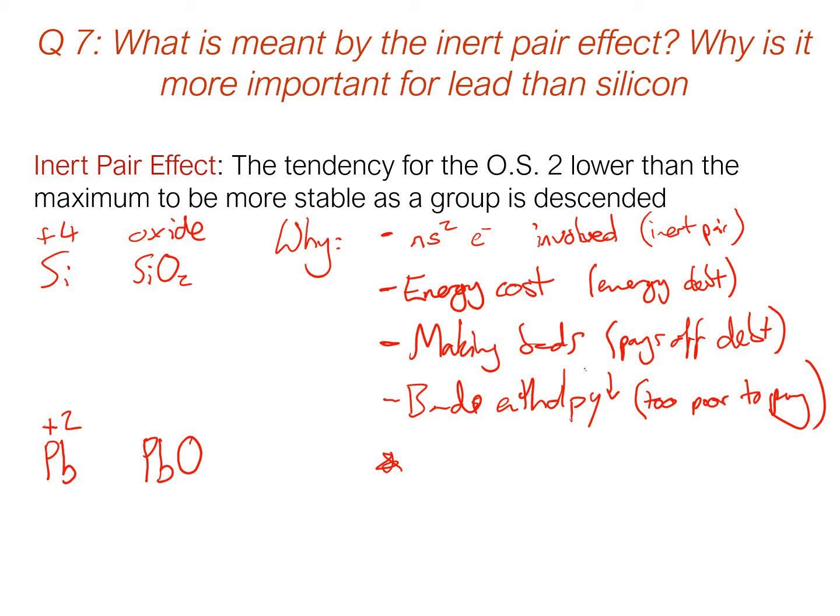There's also, at the bottom of the group, the effect of the d block. At the top, carbon and silicon, there aren't transition metals in the way, whereas when we get to the bottom of the group with lead, you've got the transition metals. And we've talked before in one of the lectures about how these d orbitals aren't very good at shielding. So at the bottom of the group with lead, the nucleus has lots and lots more protons added, but the electrons in the d orbitals aren't very shielding, which means that the s electrons are quite strongly held.